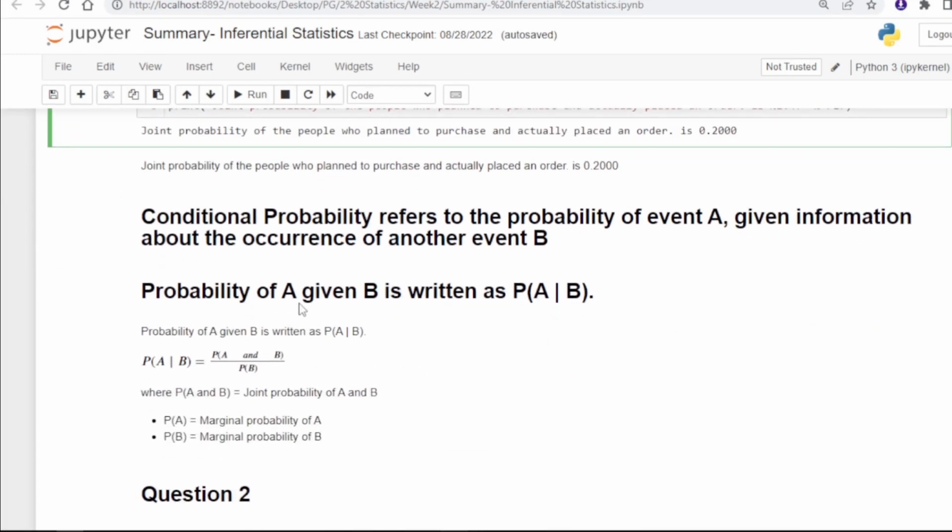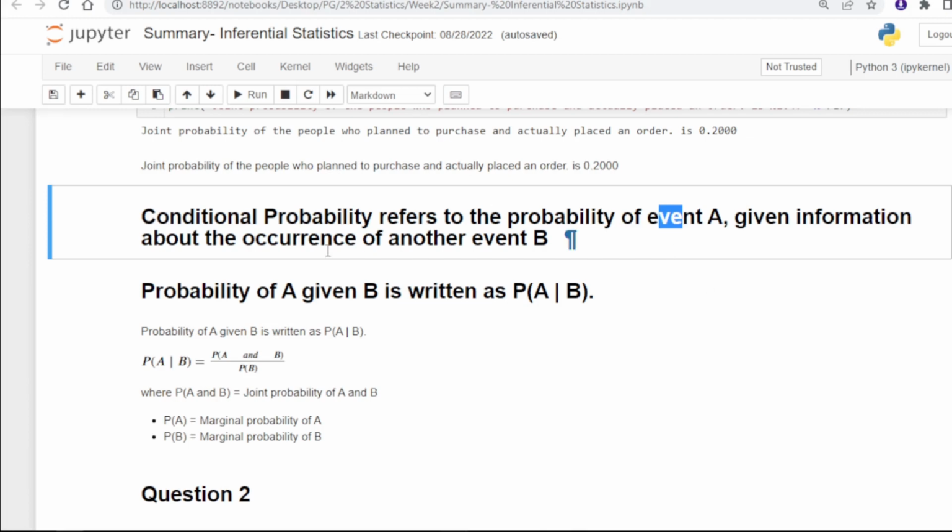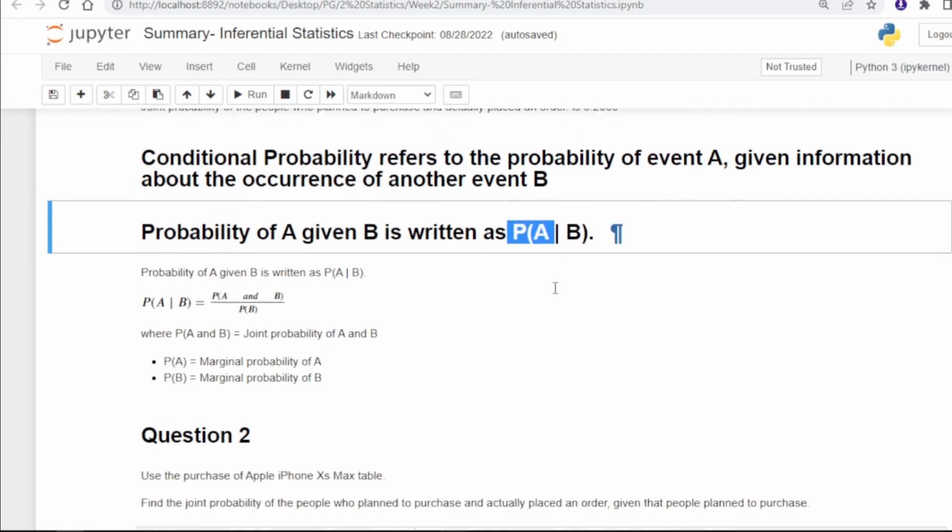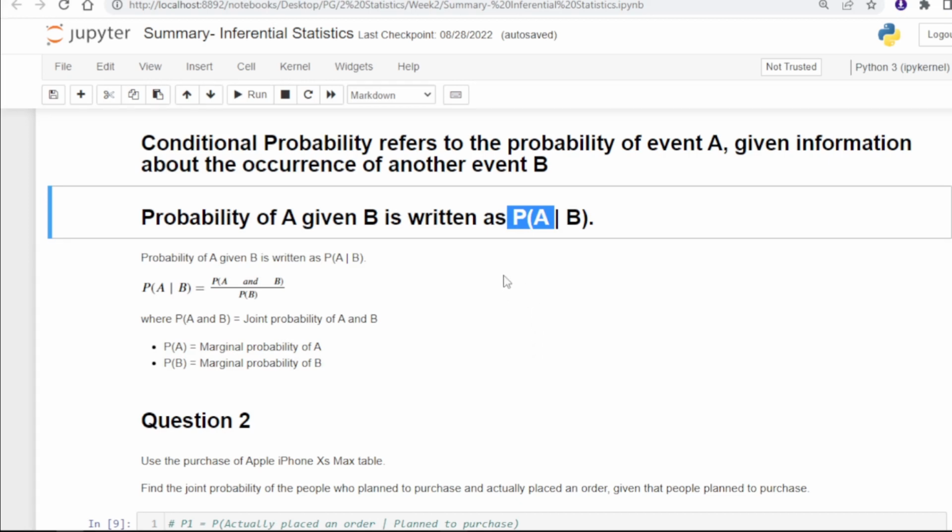Now, conditional probability refers to the probability of event A given information about the occurrence of another event B. That is the probability of A given B. This is written in this format because the next question will be based on this conditional probability.